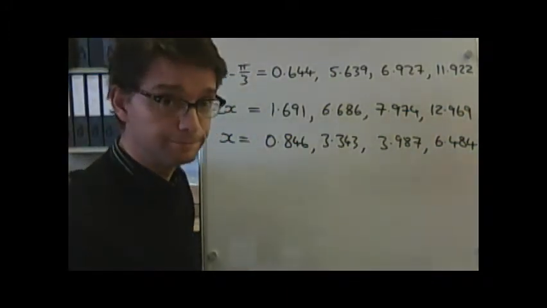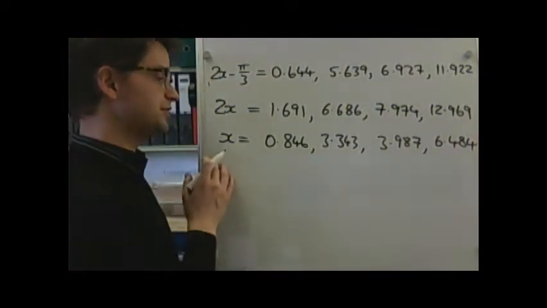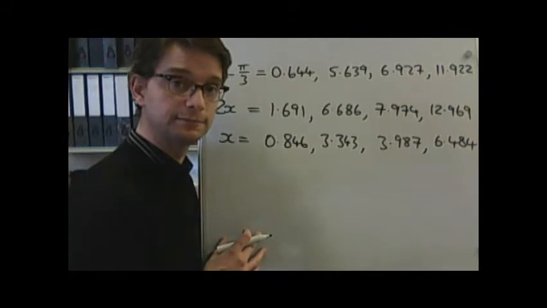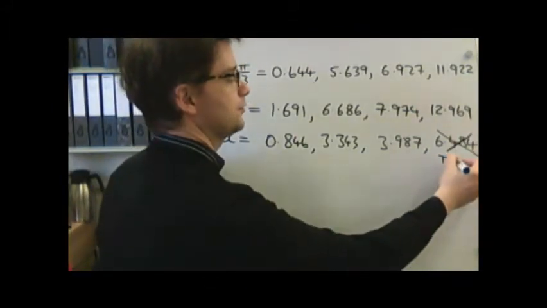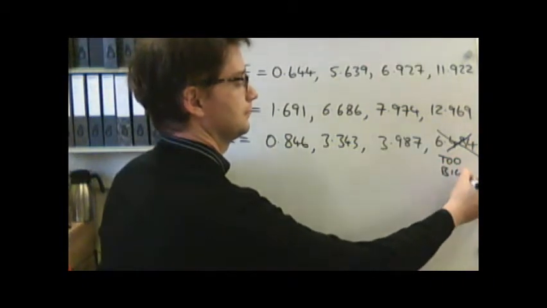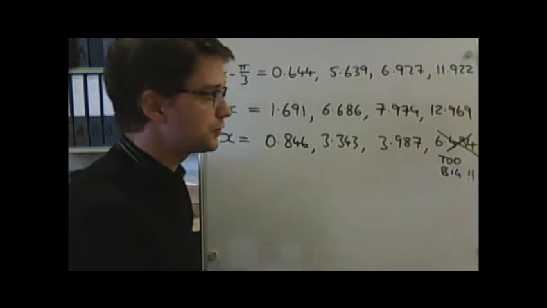Except there's a problem. And the problem is, I was looking for solutions of x between 0 and 2 pi. And this figure is bigger than 2 pi. It's too big. 6.48 is bigger than 6.28.